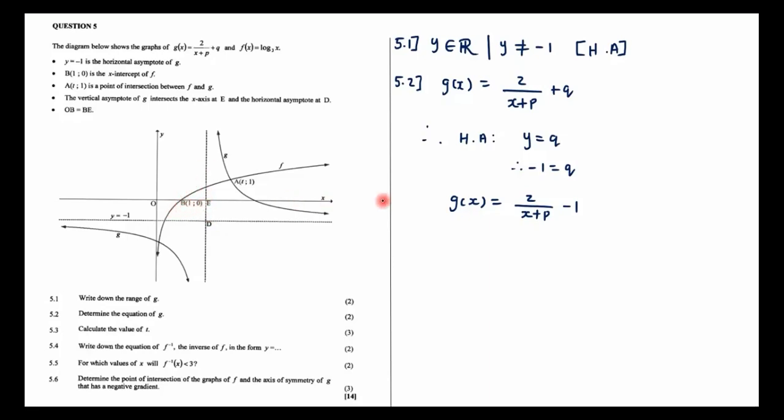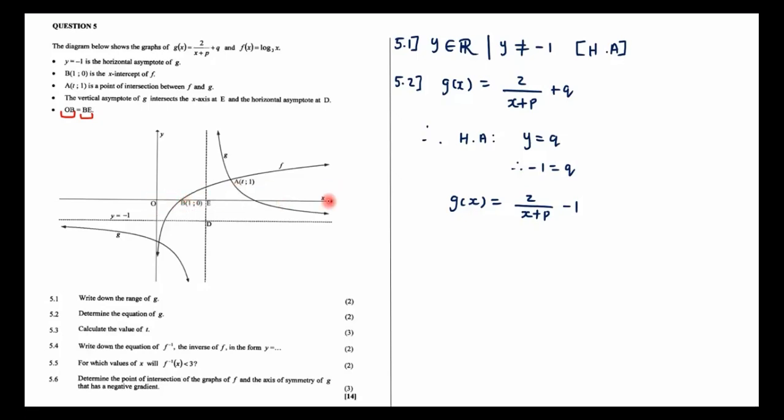So what I'm going to do here is go back into the instruction that I'm given. Remember in the instruction we were told that OB is equals to BE. What that meant is that the distance from here to there is the same as from there to there, right? Then notice that this point here is where we have our vertical asymptote.